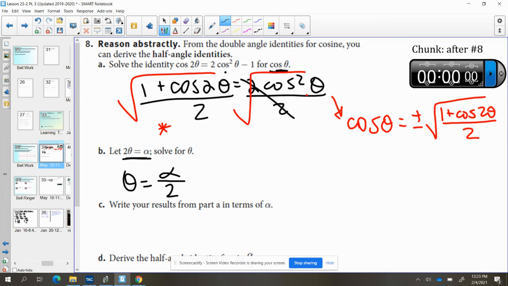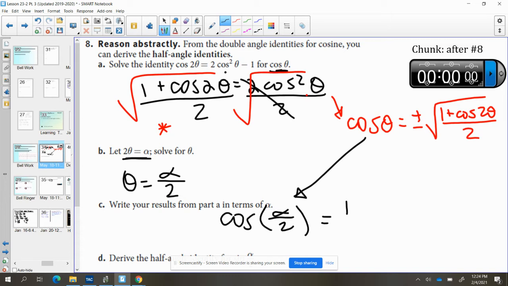Now if we substitute in for our theta value, alpha divided by 2, instead of saying theta for the cosine, we now say alpha divided by 2.